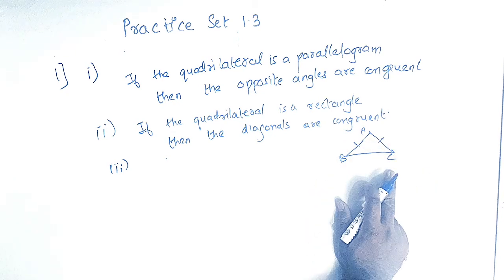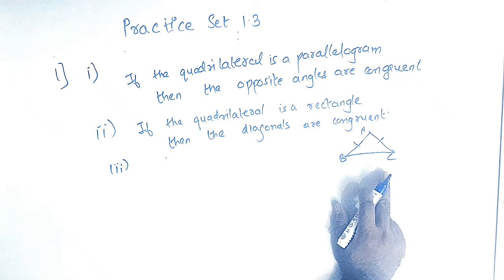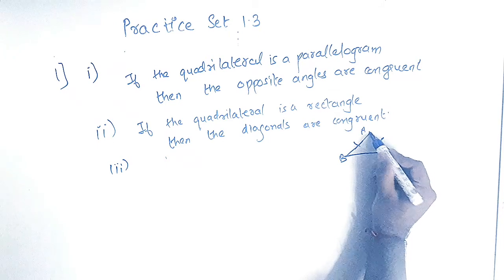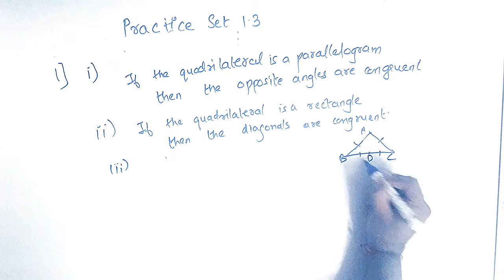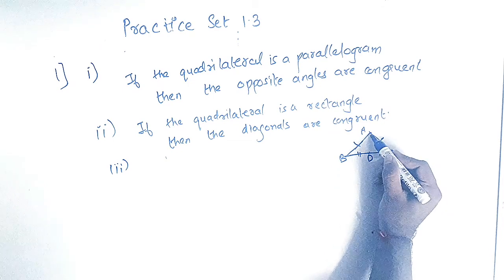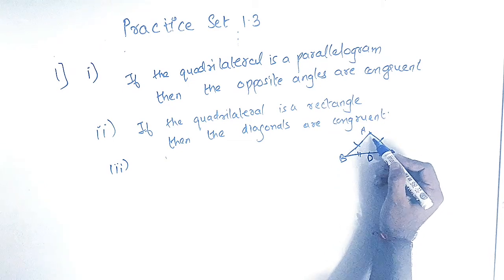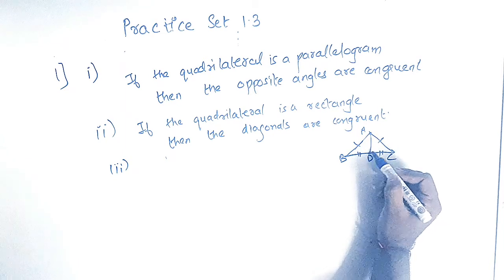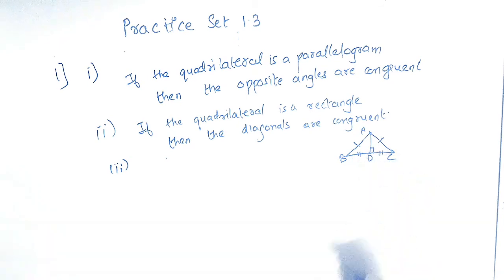So BC is the base as well as the non-congruent side. Let us say D is the midpoint of the base. The segment joining the vertex and the midpoint of the base is perpendicular to the base, meaning it is 90 degrees. So how will we put this in conditional statement form?